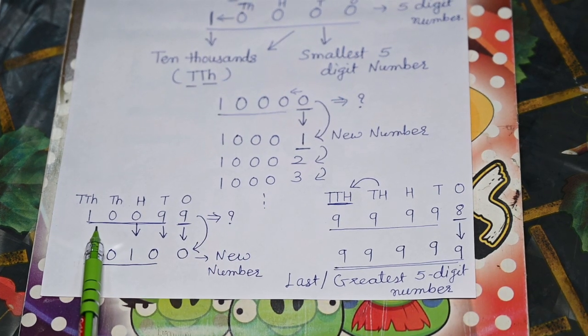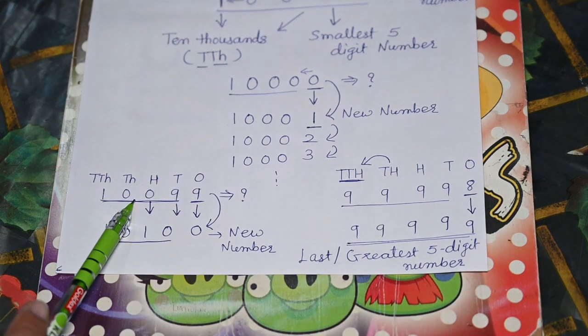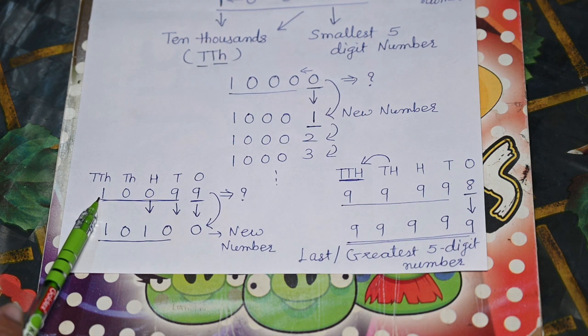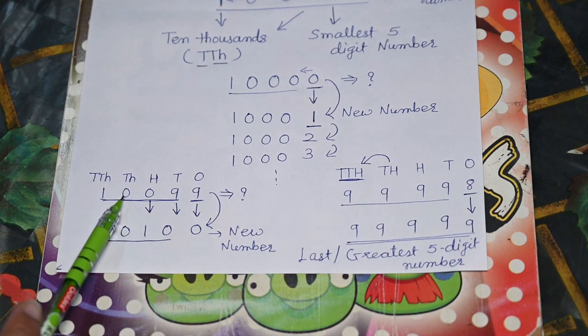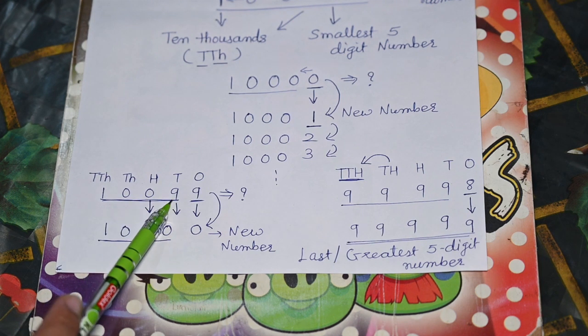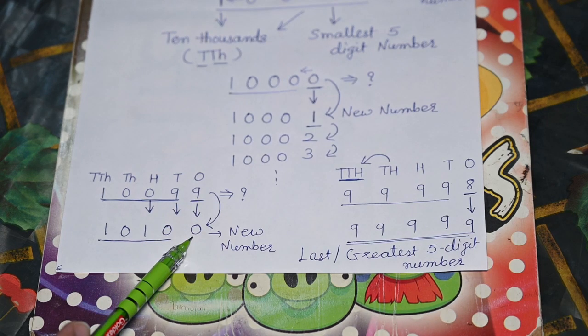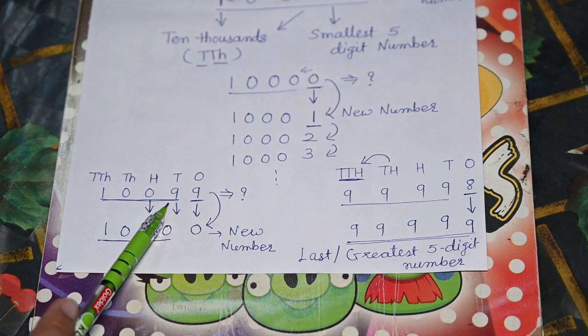Now look here. What is the next number after this number? Here we have one more 5-digit number, and it is 10099. We know that when we have 9 in the ones place, for the digit 9 to change to the next digit, that is 0. Now what is the number before this 9?